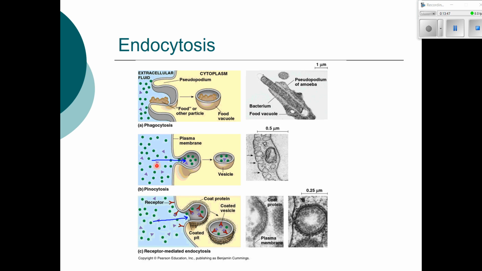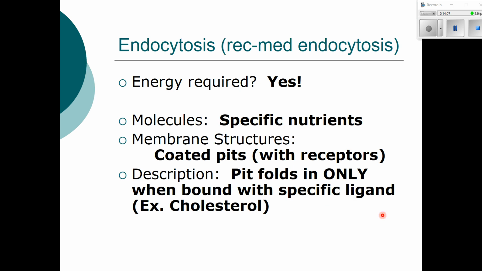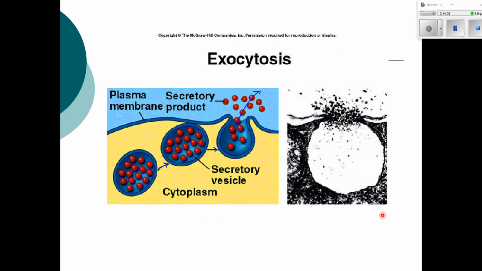In both cases, the membrane folds in, causing fluid to be sucked in and trapped. The difference is down here, the gulping is only going to happen when a particular nutrient is present. And it has to physically bind to the receptor to trigger that folding in process.